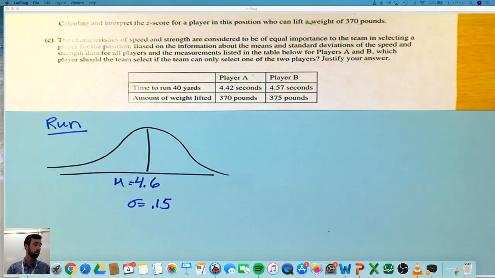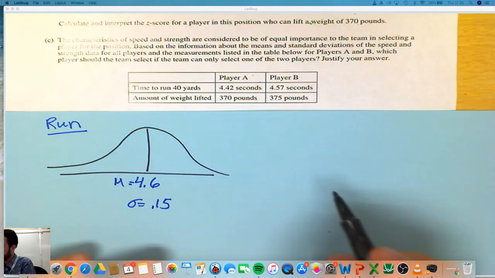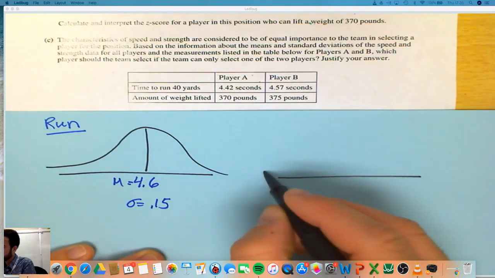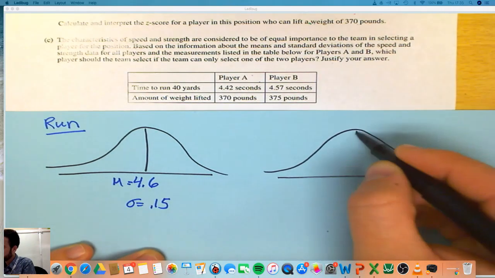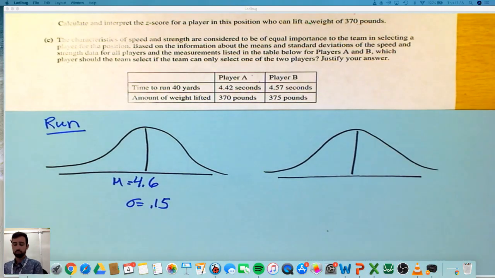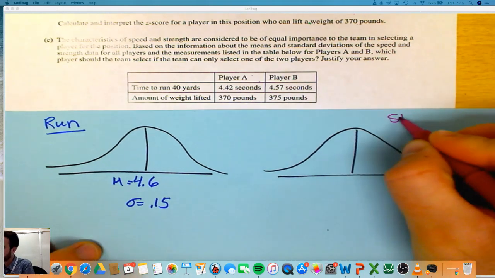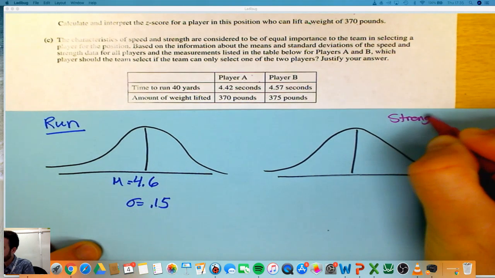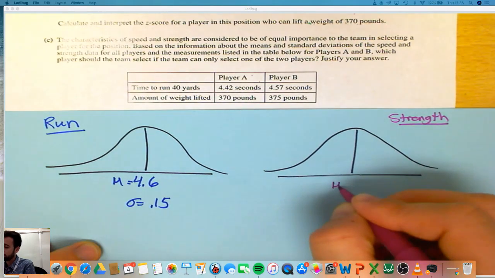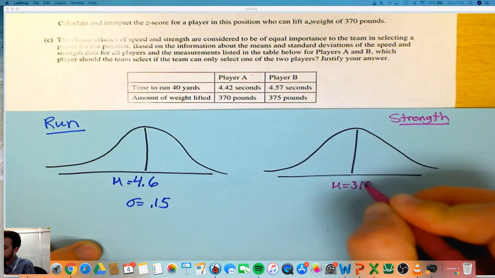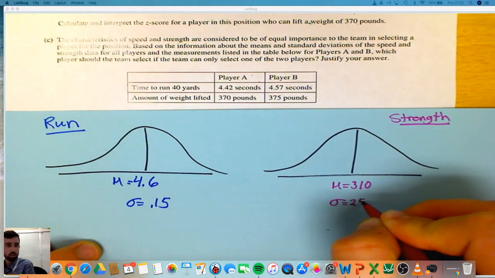Now, remember, with run times, we want a smaller run time. So we actually want to be below the mean here. For our other distribution, we have lifting or strength. We have an average of 310 with a standard deviation of 25.